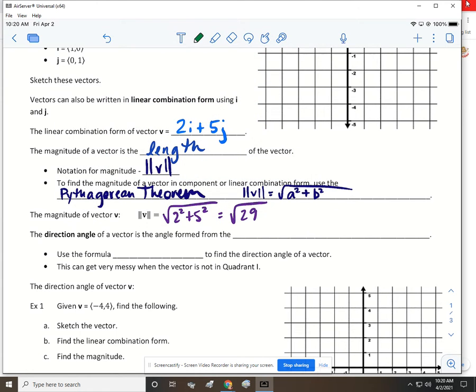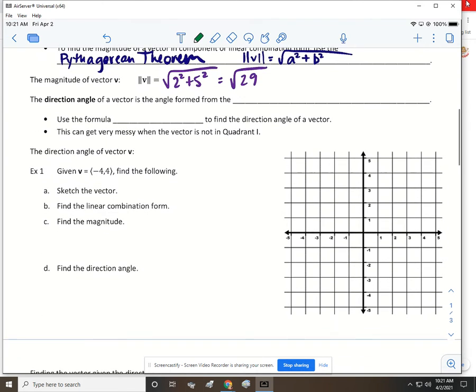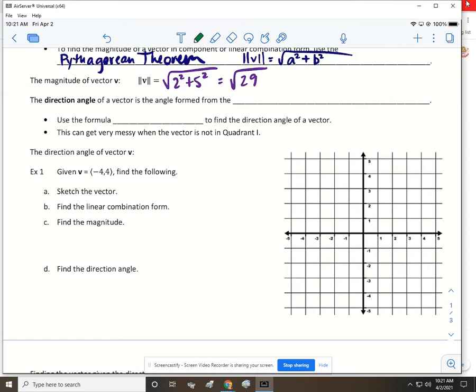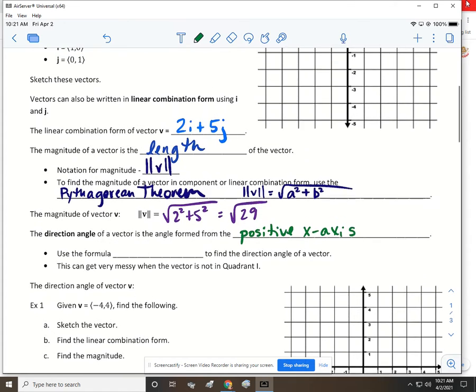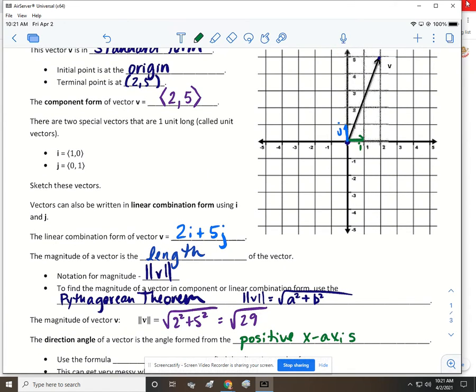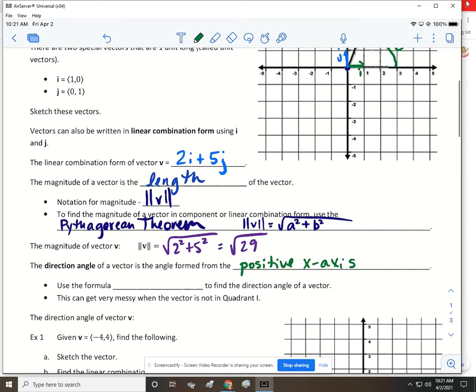Right. And then another thing that we have to find with a vector is the direction angle. So the direction that this vector is pointing. And the angle of the vector is the angle formed from the positive x-axis. Okay, so this vector here, vector v, this is what we're talking about when we're talking about the direction angle, which is what we're used to when we've been working with angles.